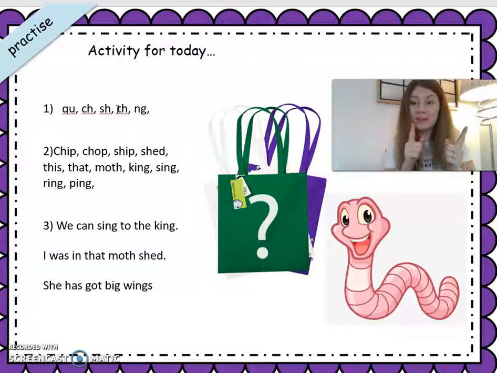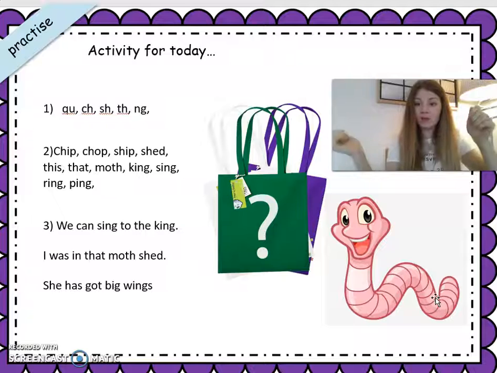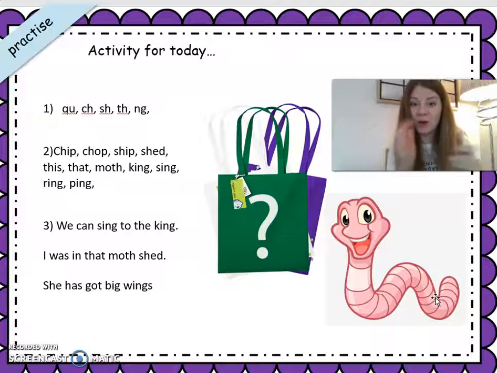Now, it's not going to be as easy as that because I want you to put in a picture of a little worm. You might like to have maybe 2 or 3 wiggly worms in your bag. And I want you to draw them onto a little piece of paper if you don't have a printer, put them into your bag, and then what you're going to do is if you pick out the wiggly worm, you've got to stand up and give yourself a big wiggle, wiggle, wiggle, and then sit back down, okay?